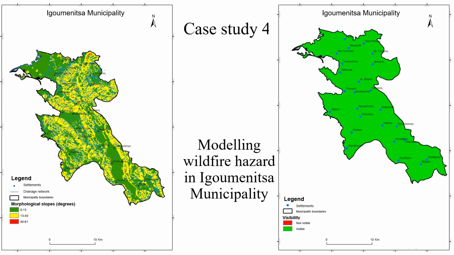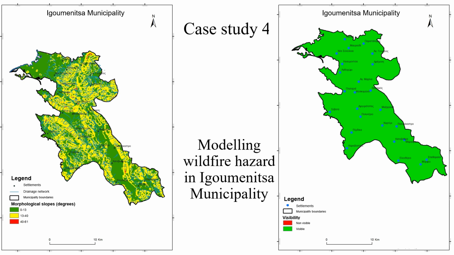Initially, the slopes. Generally speaking, and supposing that we are talking about one particular type of vegetation cover, wildfires are easier to spread through a steep relief rather than a flat one.